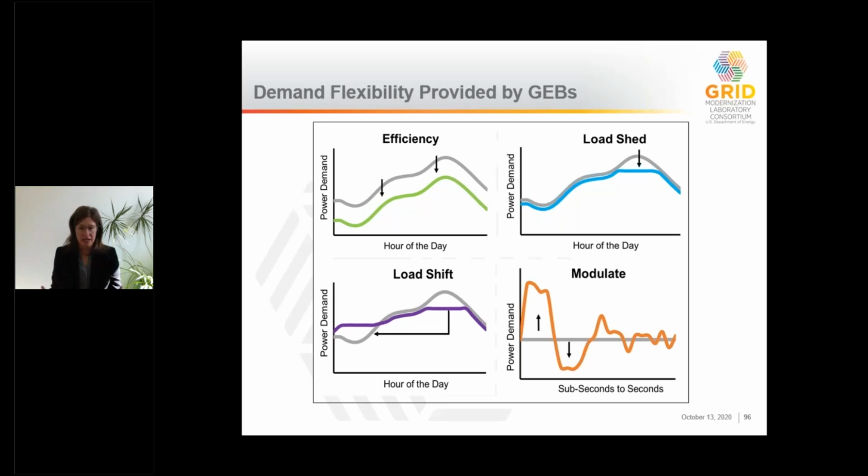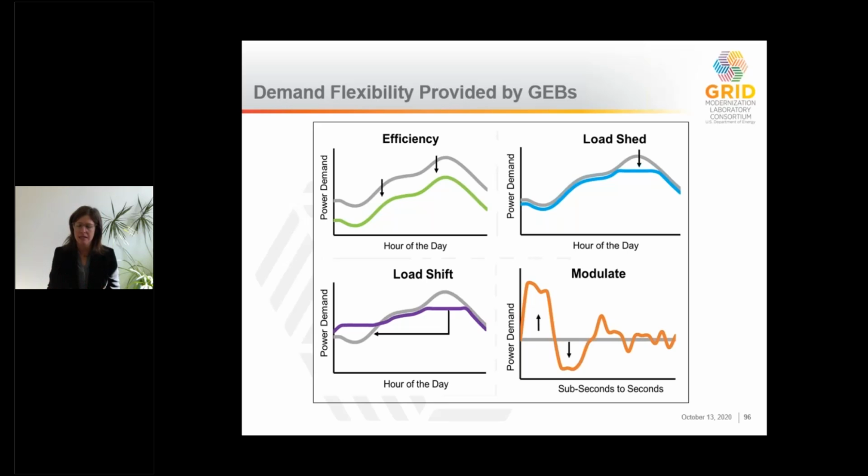Load shifting, similar, it might be the time of day that we can shift load, and a great example of this is pre-cooling a building. So running the chillers in a building during off hours, maybe at night, to pre-cool it. So during the heat of the day, a building is not running their chillers quite as high. So that's just shifting the load to these off-peak hours.